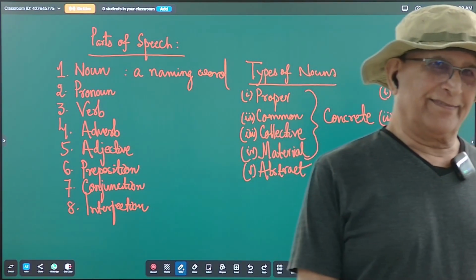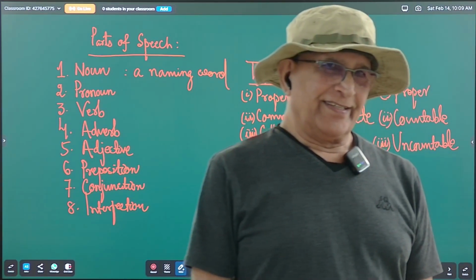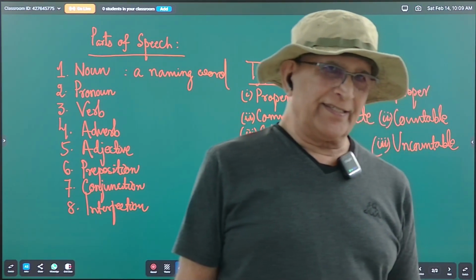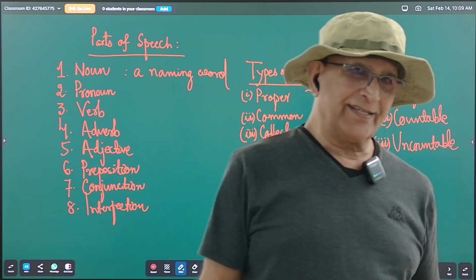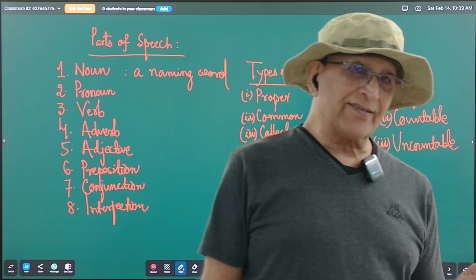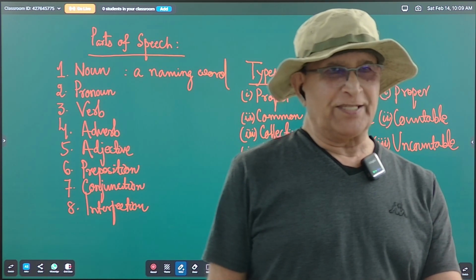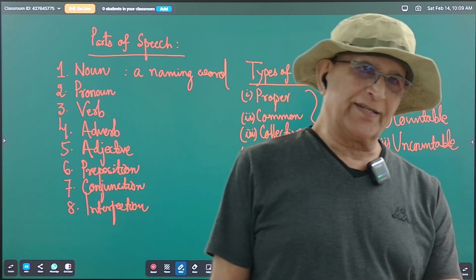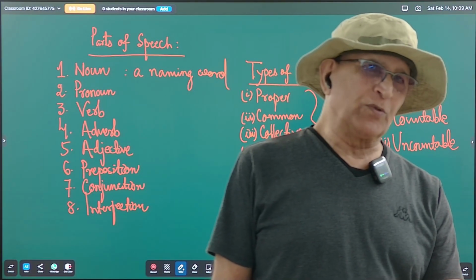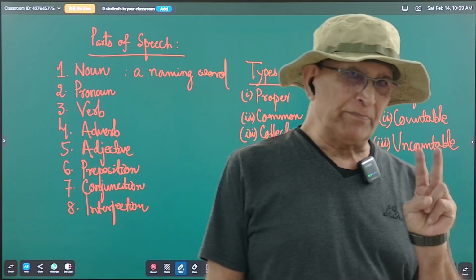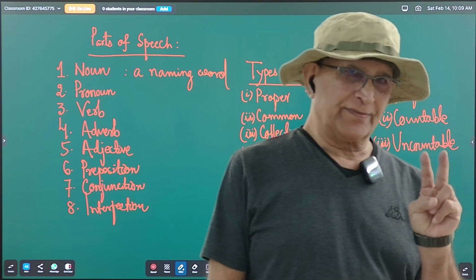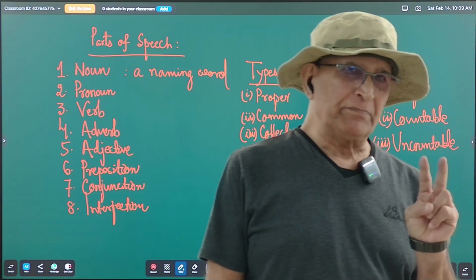Some nouns very generally, commonly take s or es when they're expressed in plural. For example, boy singular and boys plural. We have two numbers in noun. And what are these two numbers?